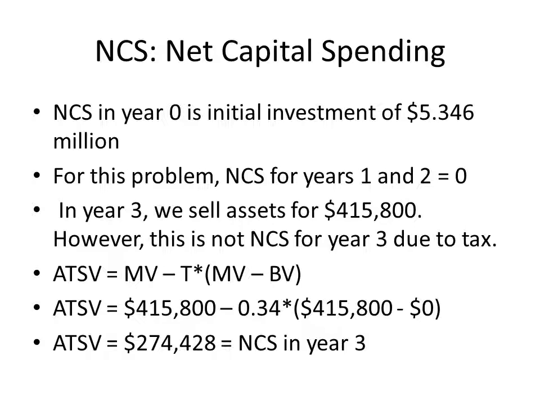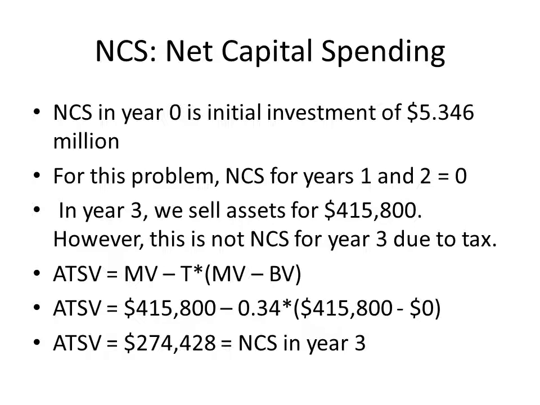In year 3, we are going to sell the assets for $415,800. A lot of times students get confused here and think that this is net capital spending, but it's not, because there are tax implications anytime you sell an asset for something other than book value. And keep in mind that we have depreciated this asset down to 0, so the book value is 0.